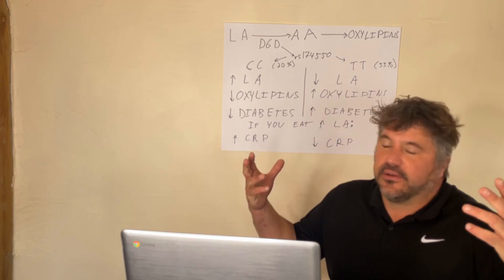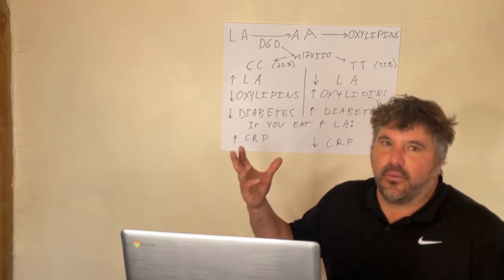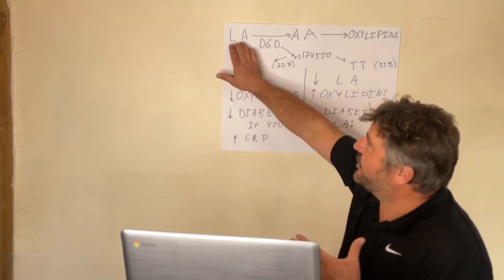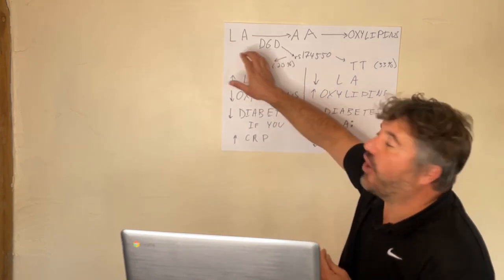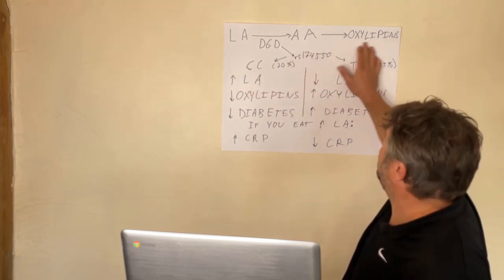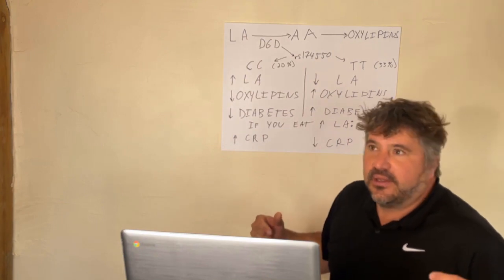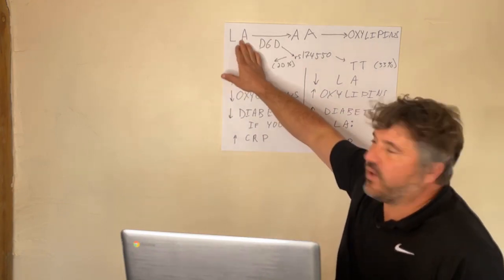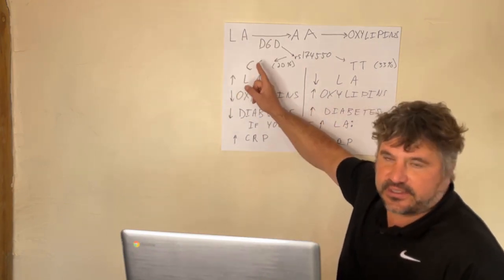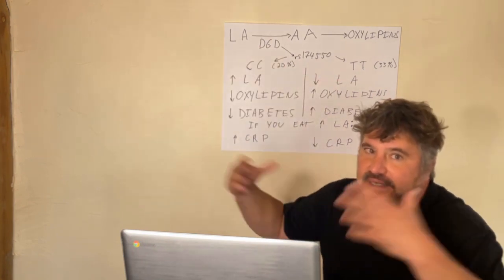And so, what other reason could D6D be causing diabetes than the fact that it's making more arachidonic acid and more oxylipins? Like, that's all it does. It just has one job. And so, one way to make it go faster is to have the wrong genes. But the other way to make it go faster is to eat more linoleic acid.